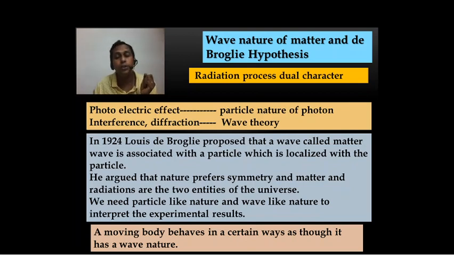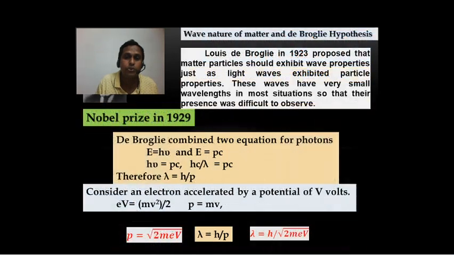So Louis de Broglie proposes that a moving body behaves in a certain way as though it has a wave nature, which means there is a wave associated with a moving body. That's a simple way we can say it: a wave associated with a moving body.